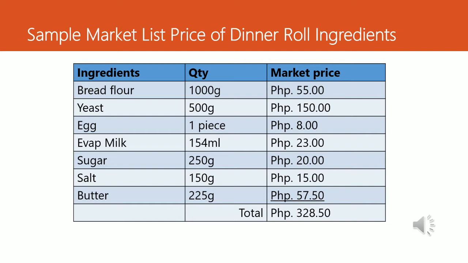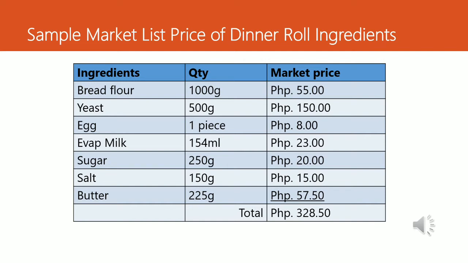And here is the example of market list price of dinner roll ingredients. We have 1,000 grams or 1 kilogram of bread flour. It costs 55 pesos. 500 grams or 1/2 kilogram of yeast costs 150 pesos. Egg costs 8 pesos per piece.